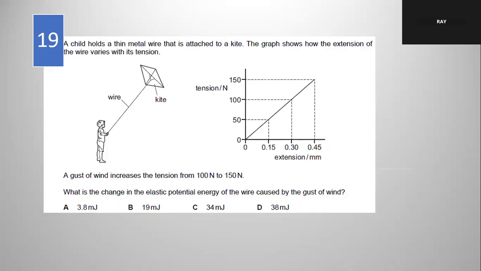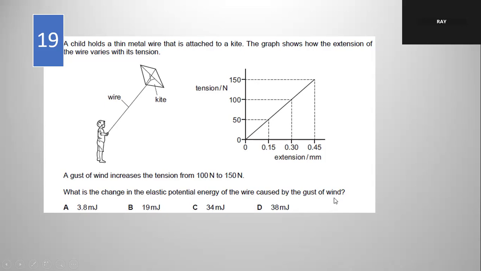A child holds a thin metal wire that is attached to a kite. The graph shows how the tension of the kite varies with extension. A gust of wind increases the tension from 100 to 150 Newton. What is the change in elastic potential energy of the wire caused by the gust of wind?